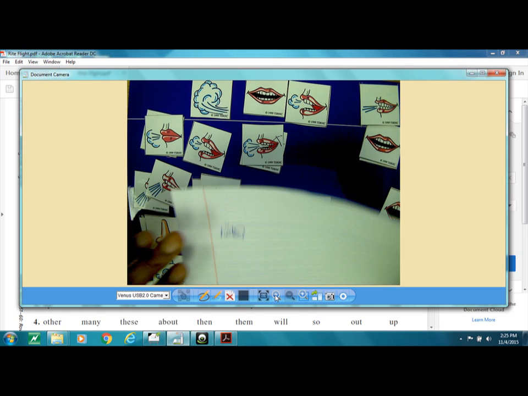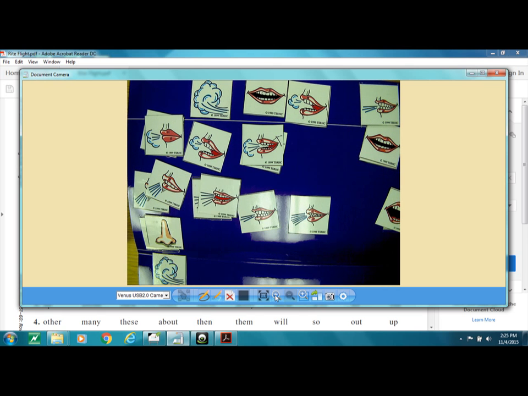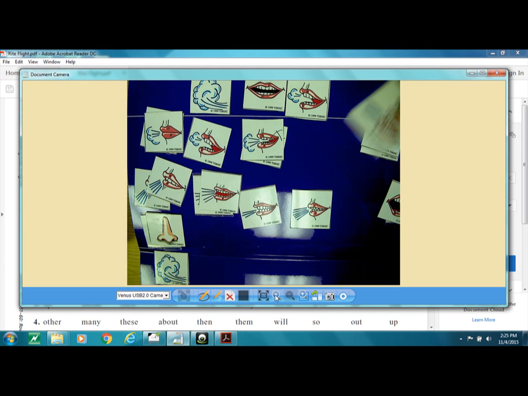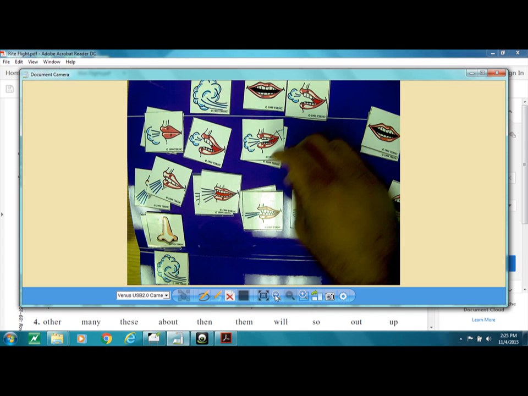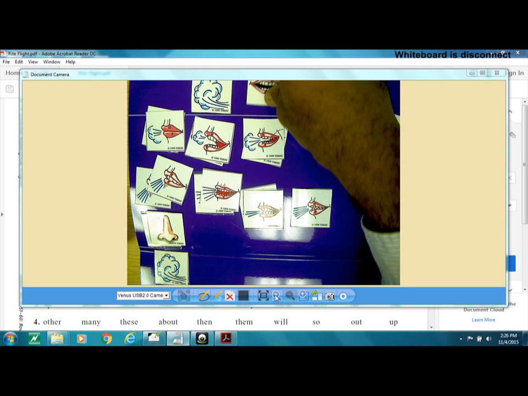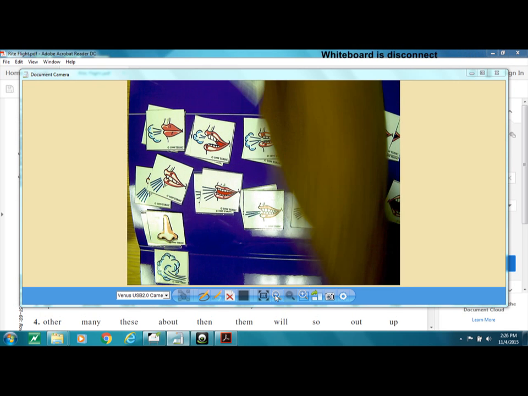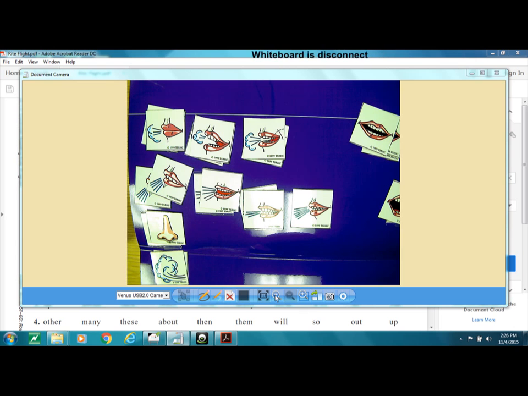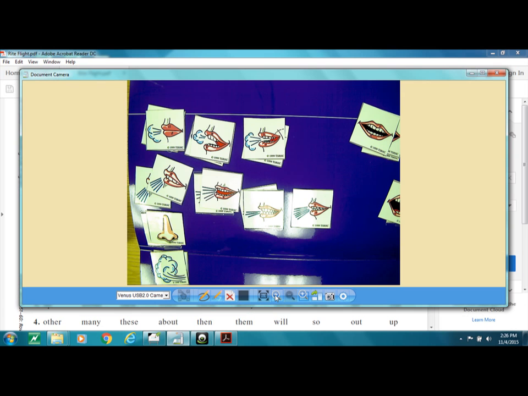Let's do one more, please. Let's do fit. Now let's replace first. Once you've got them replaced, our word is fitness. Say the word, echo, fitness. So let's go ahead and find our pictures for that.